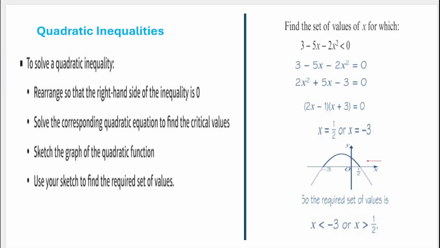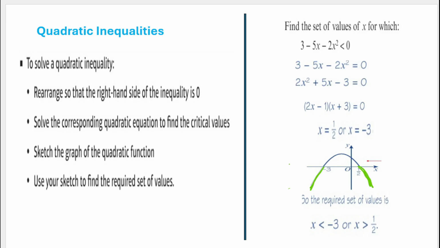Now let us discuss solving quadratic inequalities graphically. Now let us find the set of values of x for which 3 - 5x - 2x² < 0. Here in the graph, this portion represents 3 - 5x - 2x² < 0.